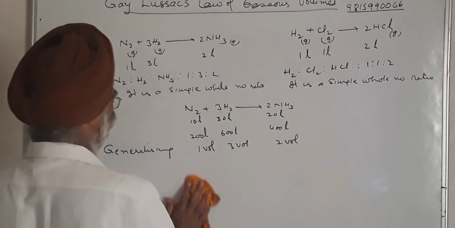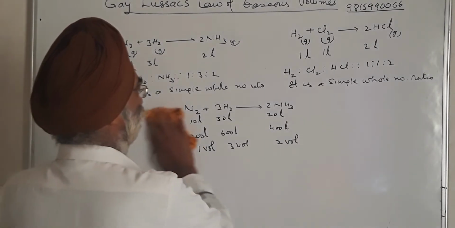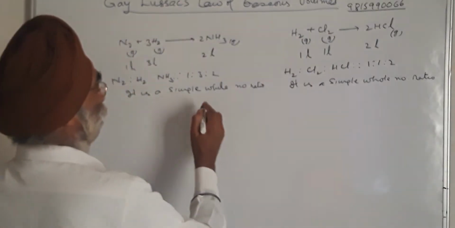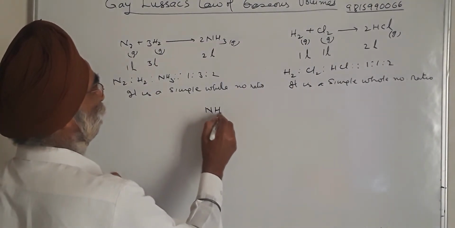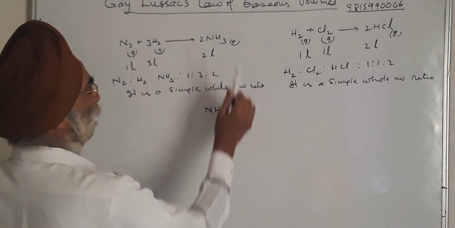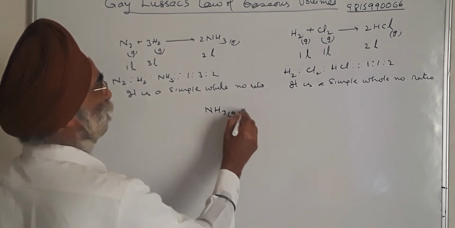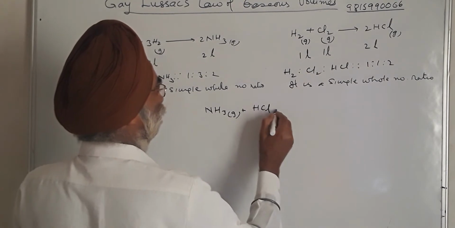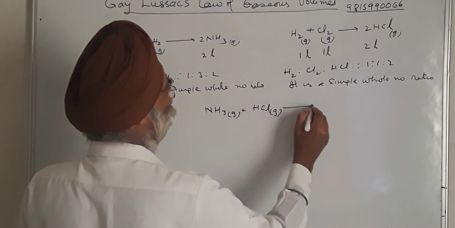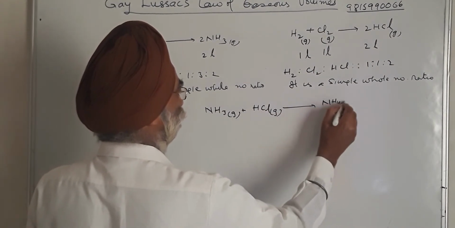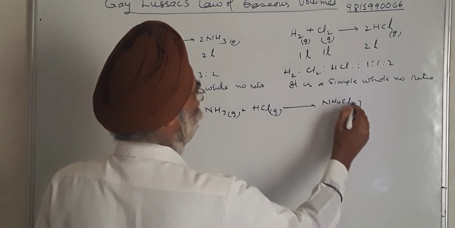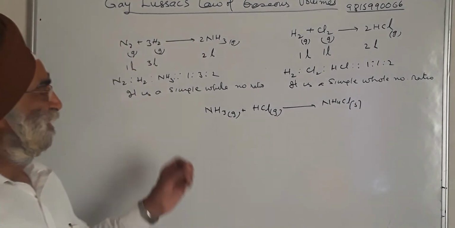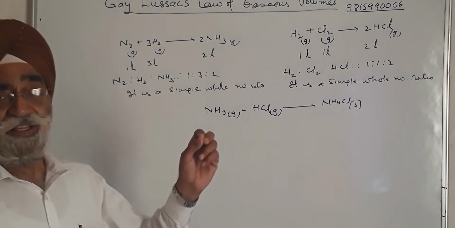For example, we have another reaction. NH3, a gas, plus HCl, a gas, combine to form ammonium chloride, but this is not a gas, it is a white solid which appears as a sublimate.